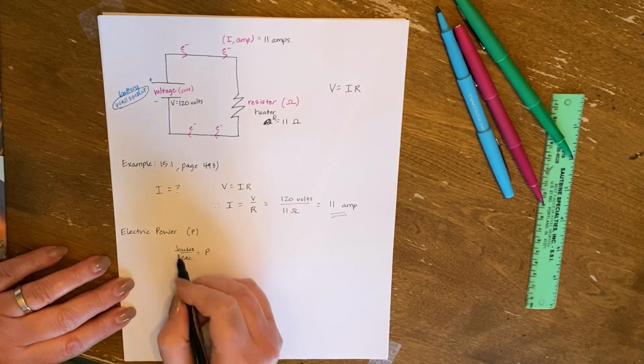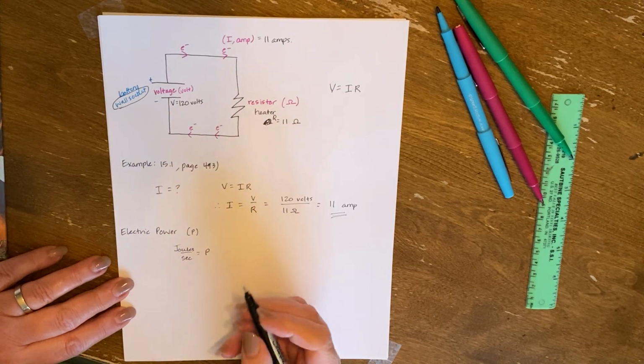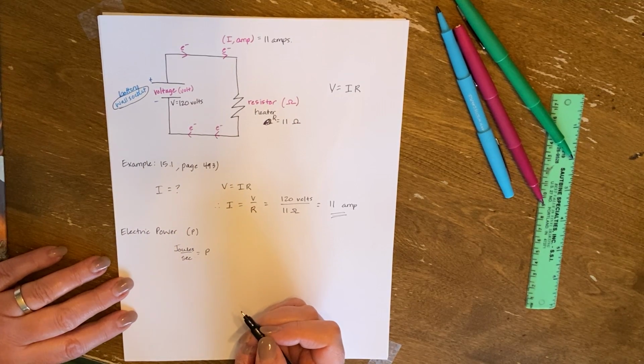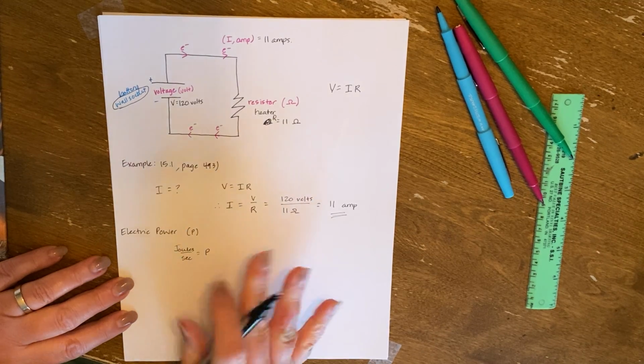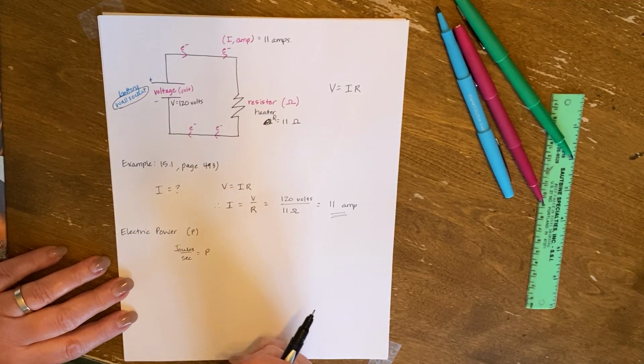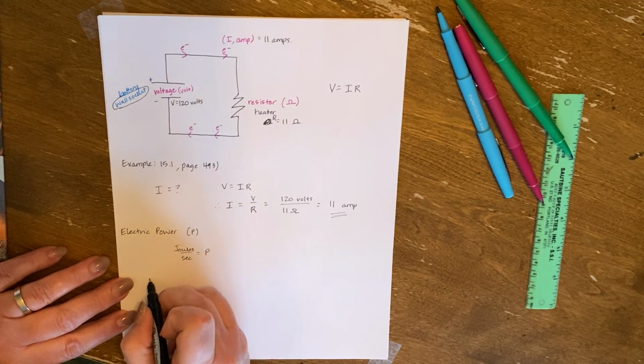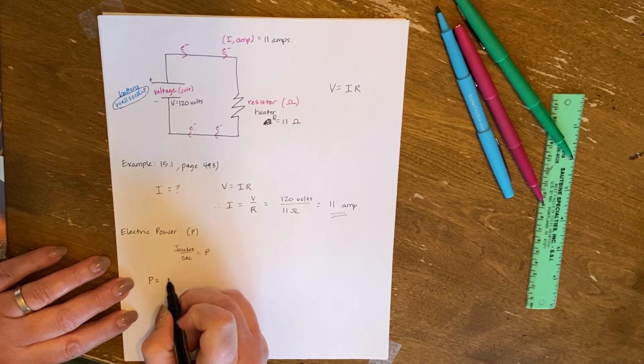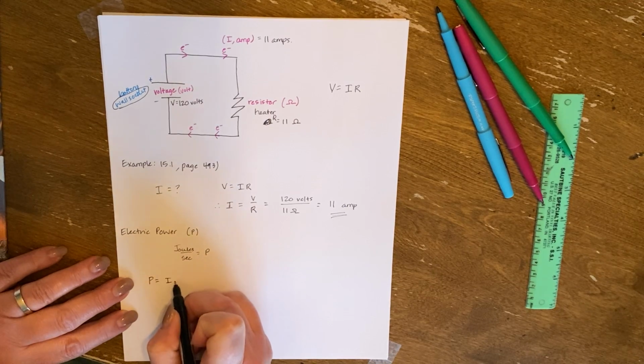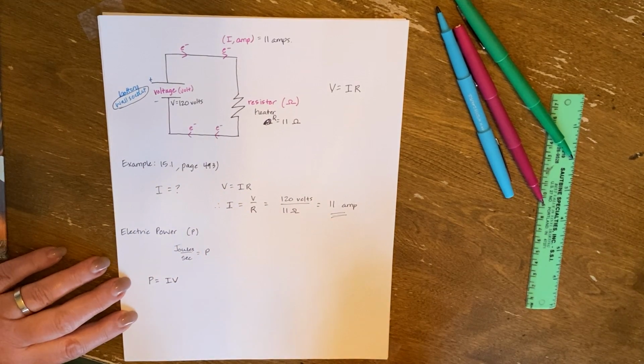Well, while this is true, it doesn't really help us when we're looking at electrical energy. So in this module, when we talk about power, we're going to use the equation P equals current times voltage.